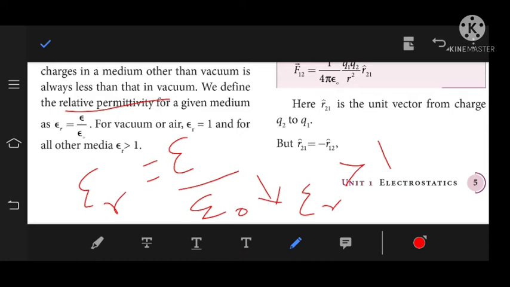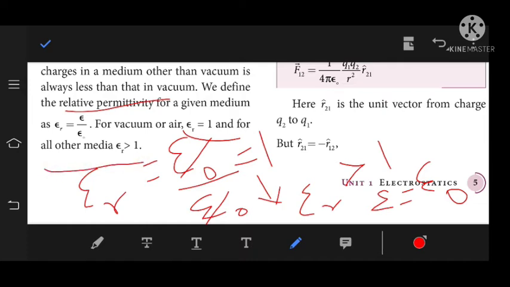But in vacuum, epsilon becomes epsilon naught, so both cancel and the value is 1. So in air or vacuum epsilon R is equal to 1, but for all other media epsilon R is greater than 1. Understood?